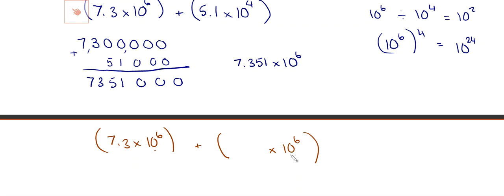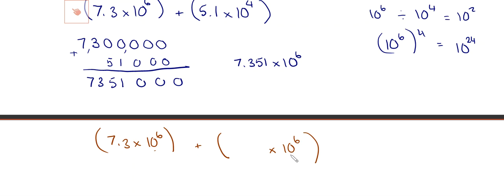That's what some people wrote, yeah? So if I need it times 10 to the power of 6, I need to know what number, if I times it by 10 six times, will get me to the same number as this one times 4. So if I've got to times this by 10 two more times, what do I have to do to this number? Divide it by 10 to the power 2.